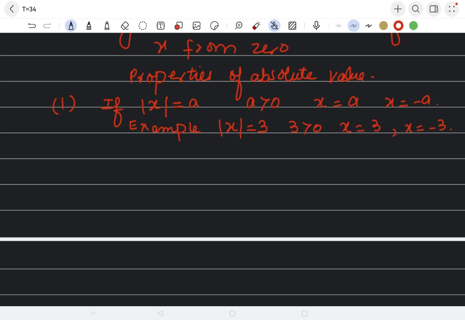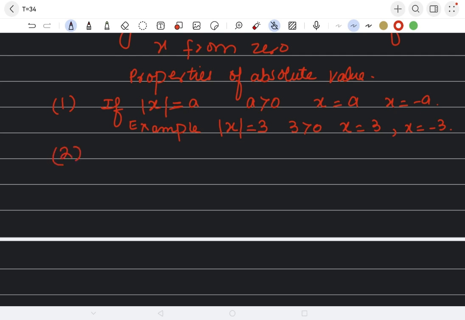So whenever you get an equal to sign in the middle, and that number is greater than 0, then one time you will write that answer positive equal to X, and one time your X will be equal to negative of that number. Like I have taken 3, absolute value of X is equal to 3, and you know 3 is greater than 0. So one time my answer is 3 and one time it is minus 3.